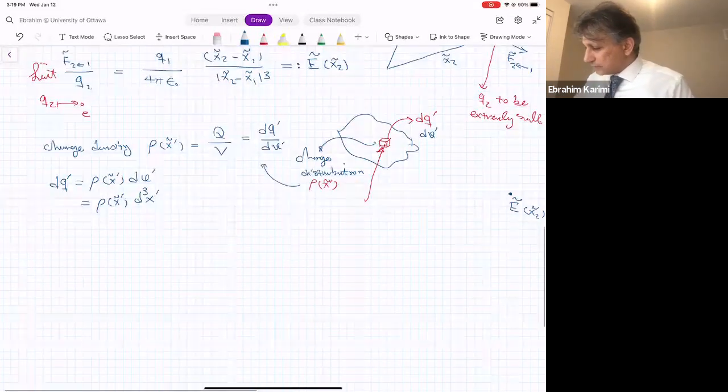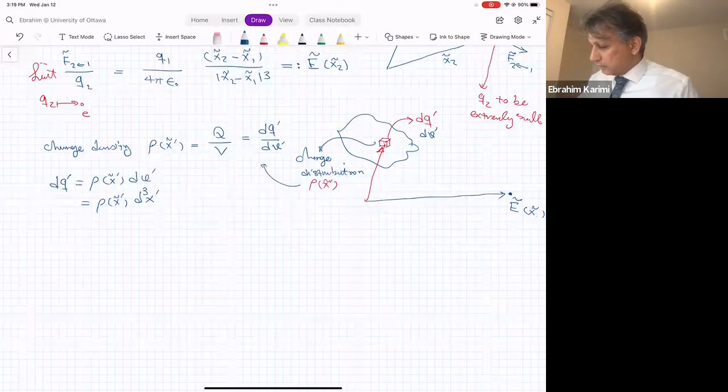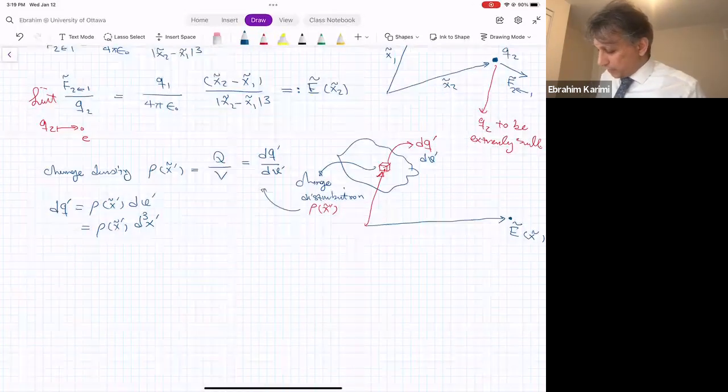So due to a small charge which we have here, what is the electric field at the given position x? We did the mathematics, which is given above. So the electric field at the position x is given by 1 divided by 4 pi epsilon naught.